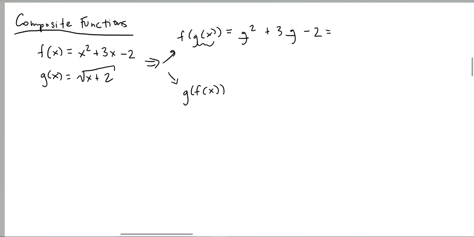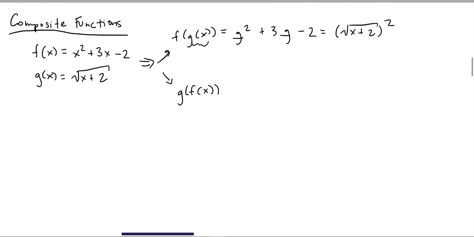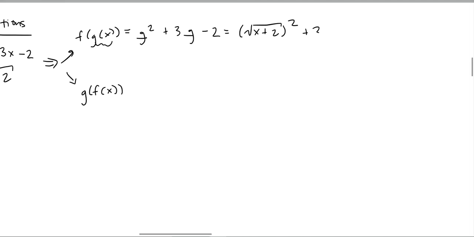If we actually substitute in the g of x function, we have the square root of x plus 2, quantity squared, the entire thing squared, because we're squaring the entire g function, plus 3 times that entire g function, minus 2. If we simplify this, the square root of x plus 2 squared is just x plus 2, because the square root of anything squared is just that anything.